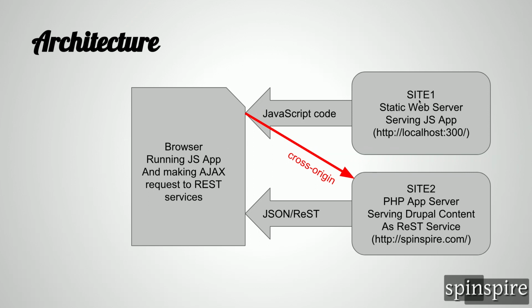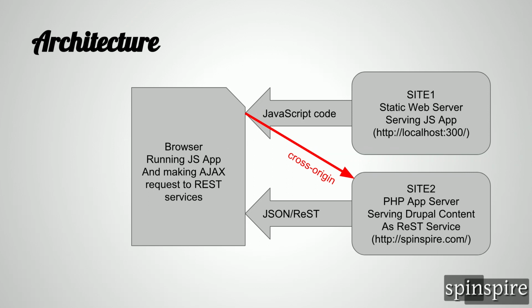Site 1 is serving your JavaScript application, React application, and site 2 is serving your Drupal content as REST services. The code that site 1 is serving is going to end up in the browser. It's going to run in the browser, and then it's going to make an AJAX request, not back to site 1, which is allowed, but to a different site, in this case site 2, which is not allowed. By default, that is not allowed.